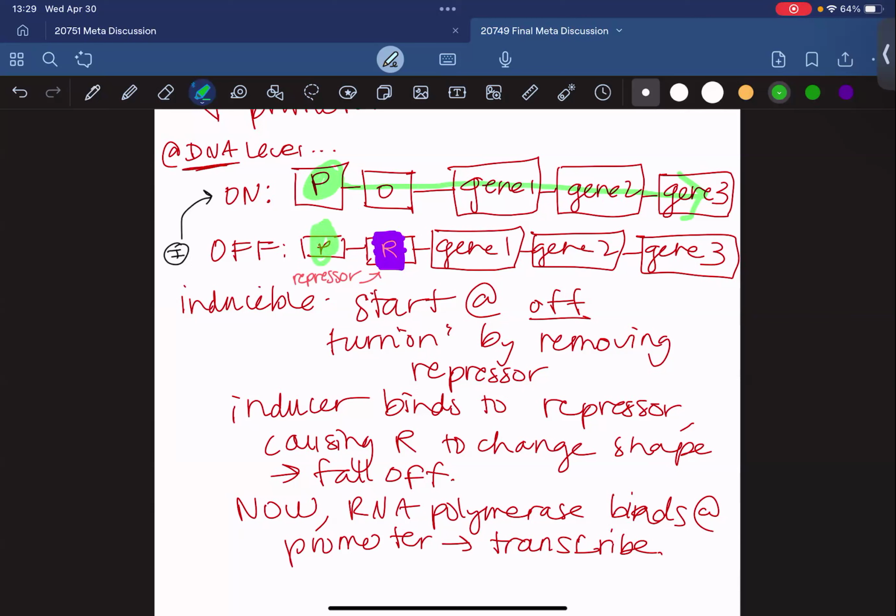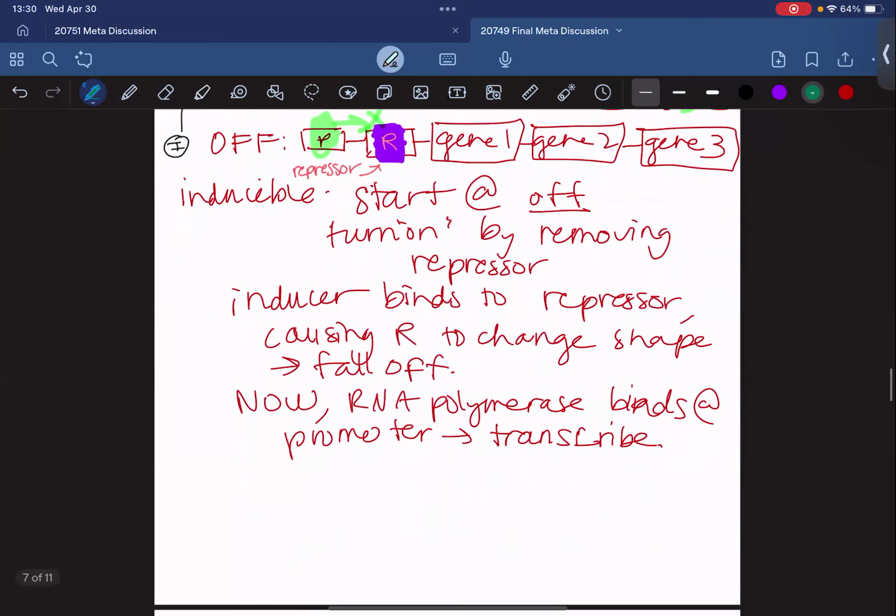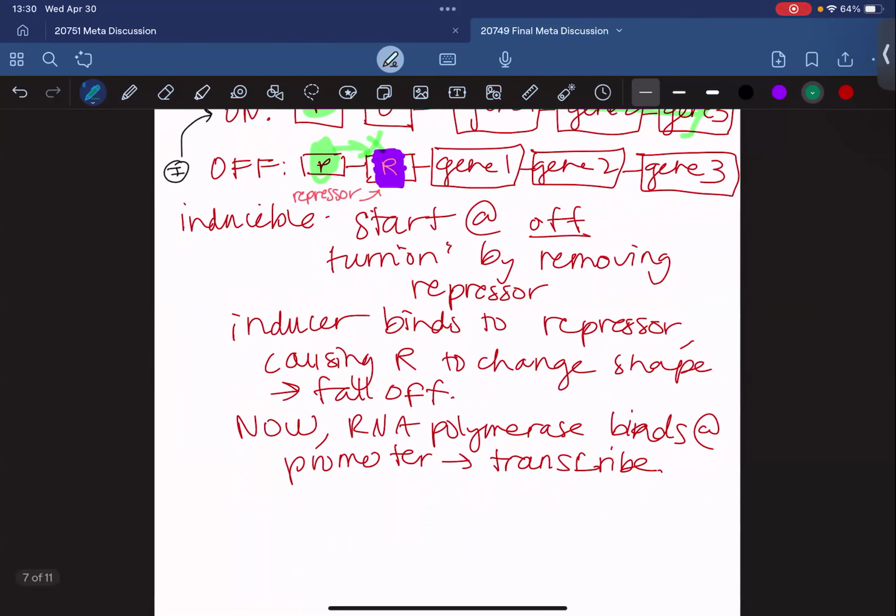So our RNA polymerase would bind and it would not be able to move forward because the repressor is in the way. And that's that. So that's the inducible one.